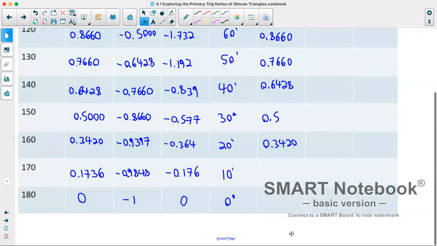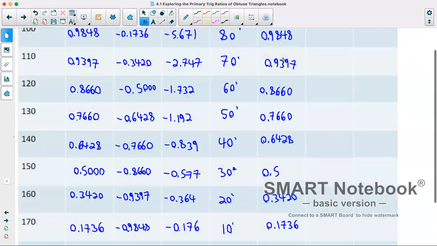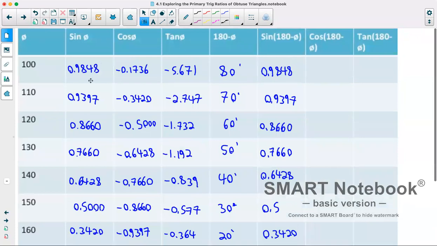And sine of 10 gives us 0.1736, while sine of 0 degrees gives us 0. What you'll notice comparing this column to this column is we got the exact same answer. So sine of our angle gave us the same answer as sine of 180 minus our angle.